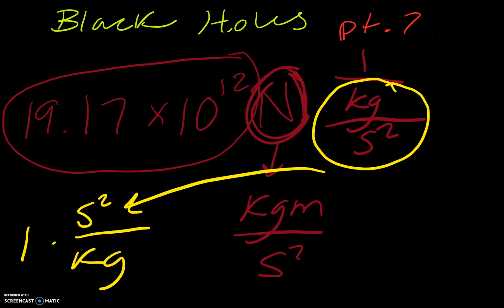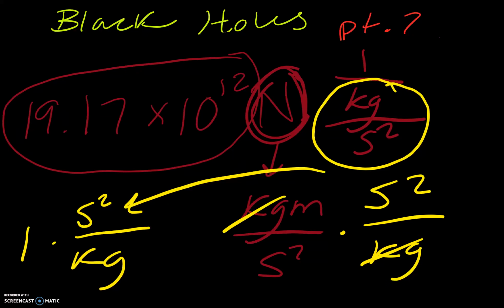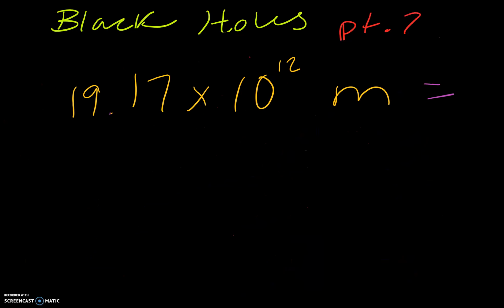And so that's how we can make this fraction a little simpler. And so we can move this over here, so that's the same as kilogram meter per second squared times second squared over 1 kilogram. And then we can cancel out our kilograms, cancel out our second squared. And so what we're left with is 19.17 times 10 to the 12th meters. We can convert our final answer into kilometers, so there are 1,000 meters in 1 kilometer.